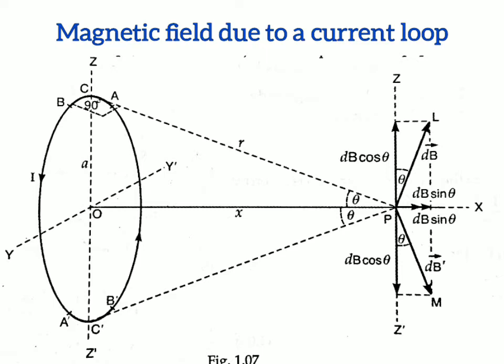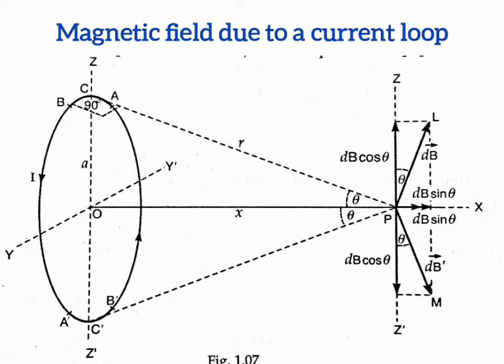The one along the z-axis is dB cos theta, and the one along the x-axis is dB sine theta. Similarly for dB dash, the component along the z-axis is dB cos theta, and that along the x-axis is dB sine theta. Remember dB dash and dB are equal, hence we write the components of dB dash to be dB cos theta and dB sine theta.